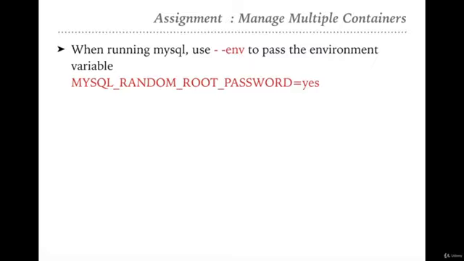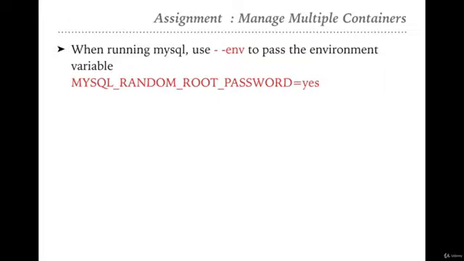So you need to use the --env option to pass the environment variable. I want you to pass the environment variable MYSQL_RANDOM_ROOT_PASSWORD equal to yes. So it will generate a random password for you to log in to your MySQL container, right? This is a very common way of working with containers.